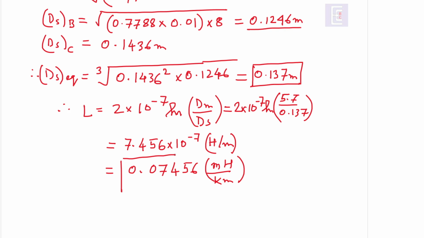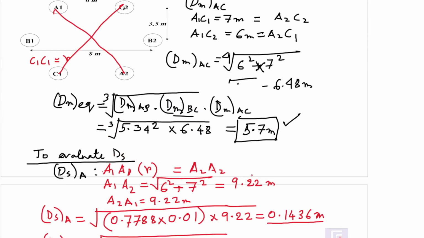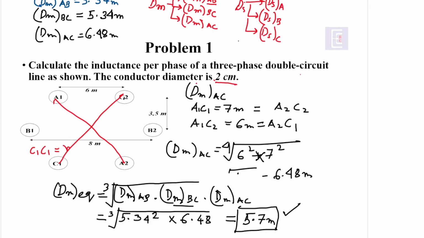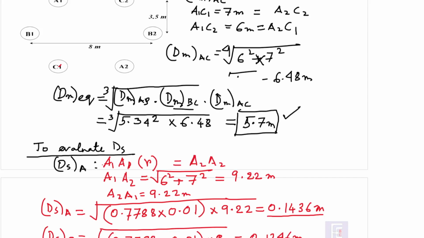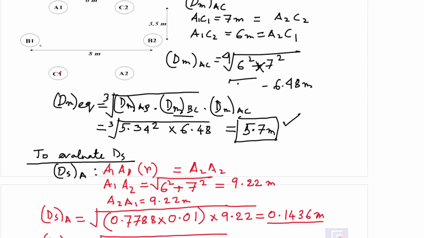So if you have a tower configuration like this, and if you run this tower for 1 kilometer, it will provide an inductance value of 0.07456 millihenry per 1 kilometer of run.